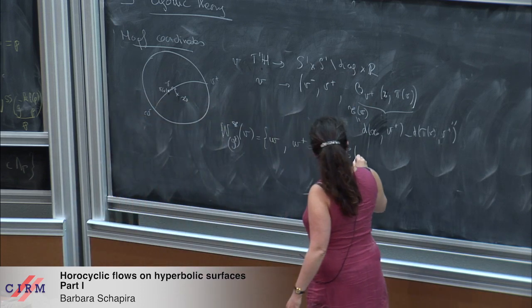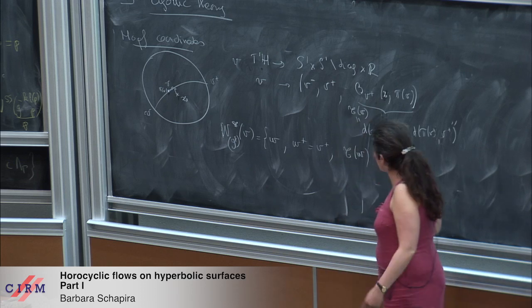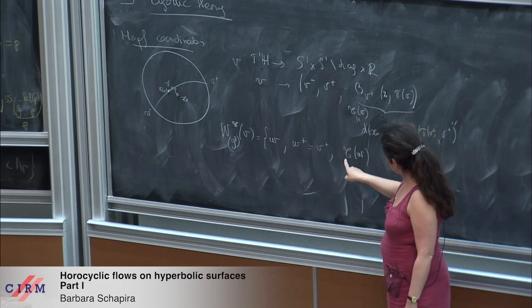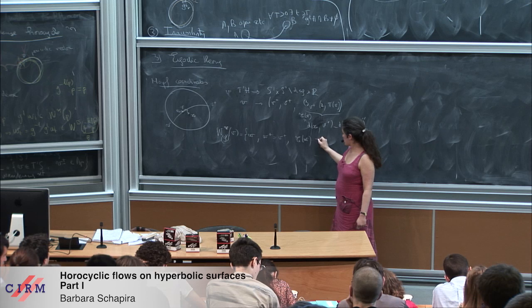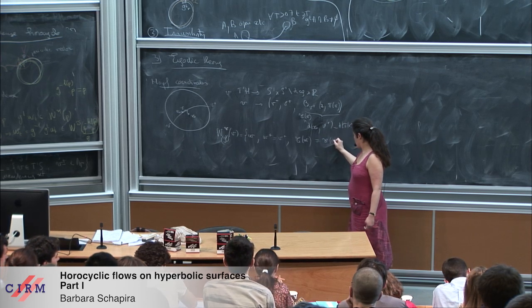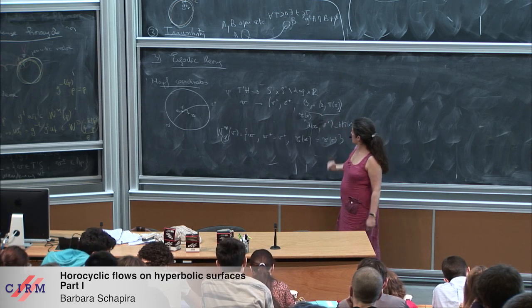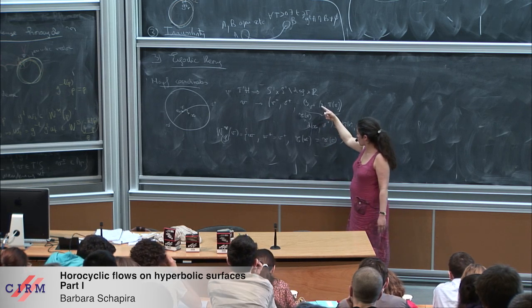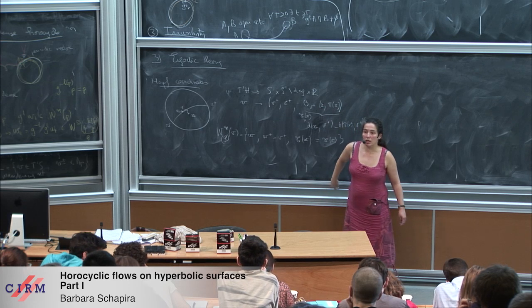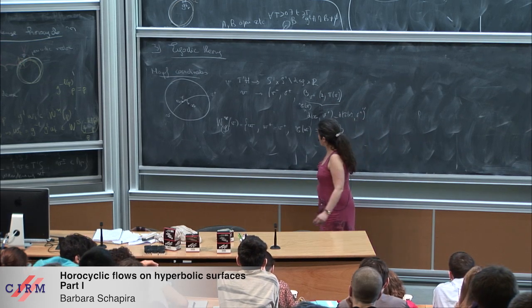So by definition of horospheres, tau of w is equal to tau of v exactly when the Busemann function is constant. That's a definition.